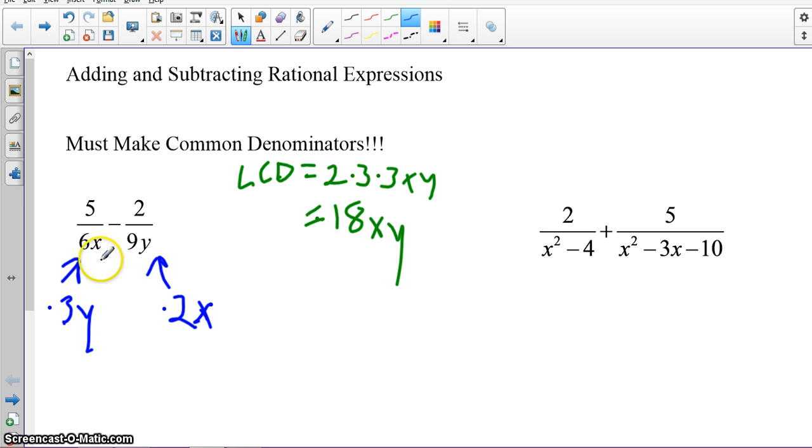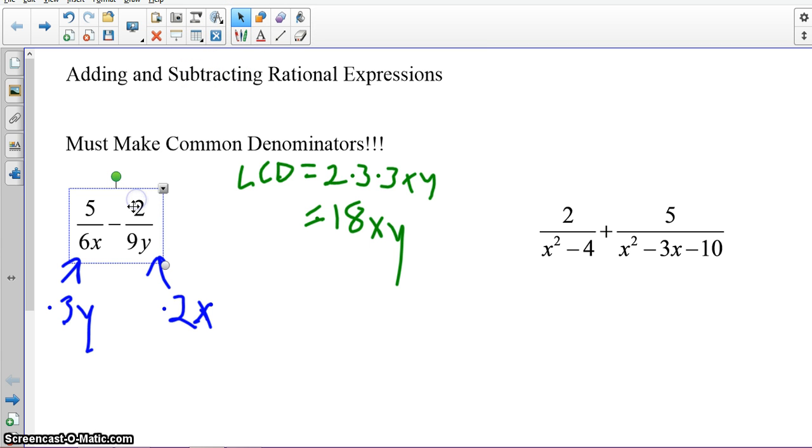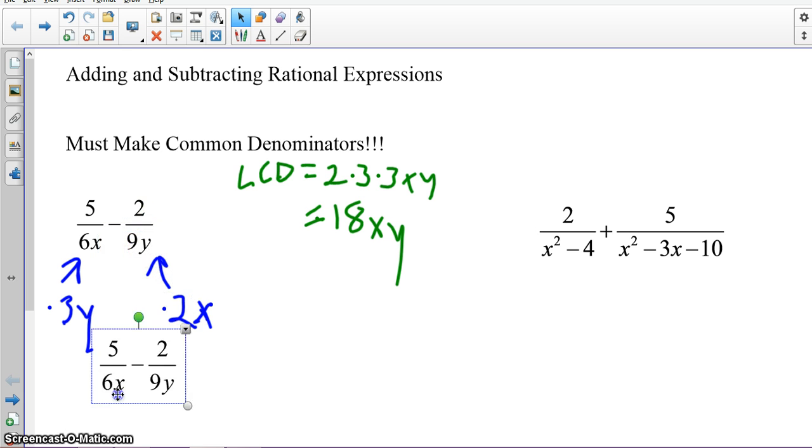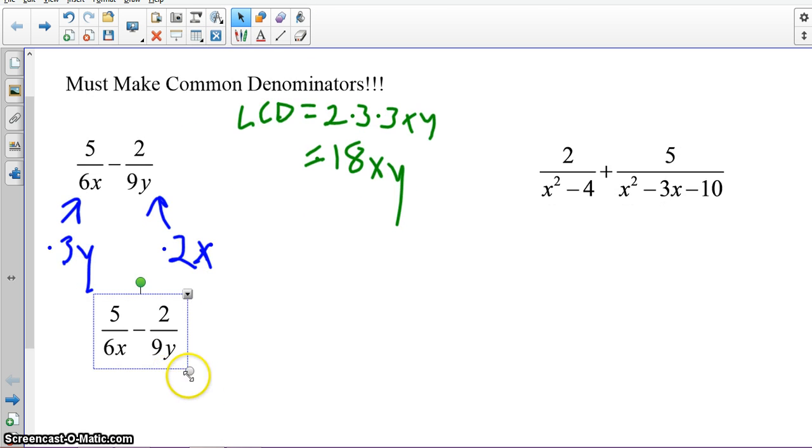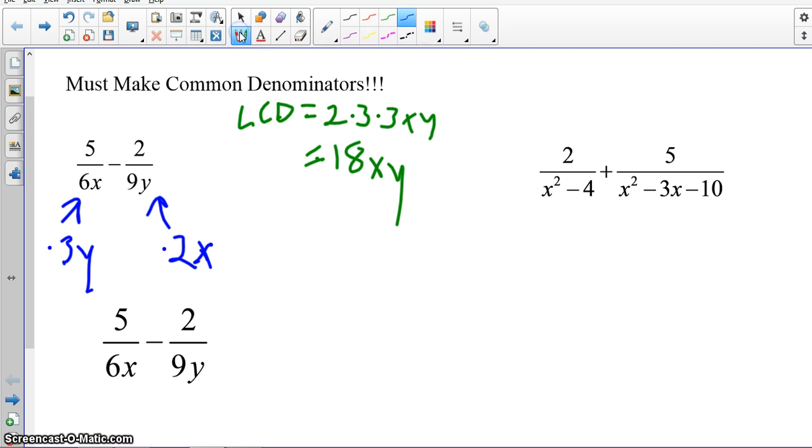We've got to do it to both the numerator and denominator in both fractions. So let me clone this and actually do that here. We're going to have a 3y on top, 3y on bottom. This fraction gets multiplied by 3y, and this fraction gets multiplied by 2x.